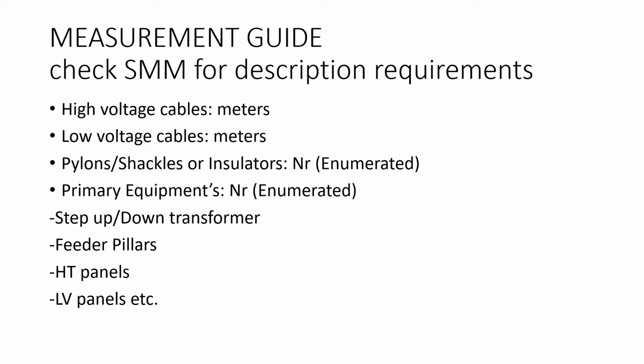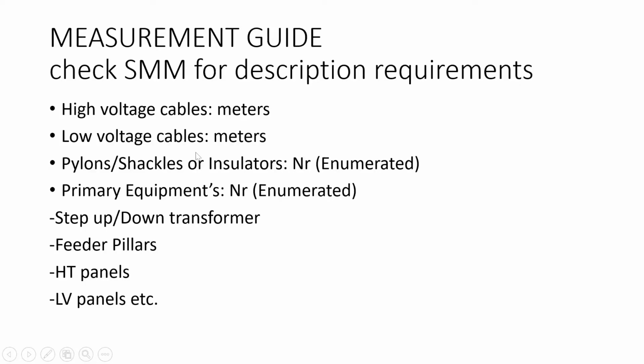Remember I told you that if the electricity is transmitting high voltage electricity, how many wires are going to be transmitting high voltage electricity? Remember I said there are going to be 3 wires. And if the electric cable is carrying low voltage electricity from the transformer, it is also going to be measured in meters.